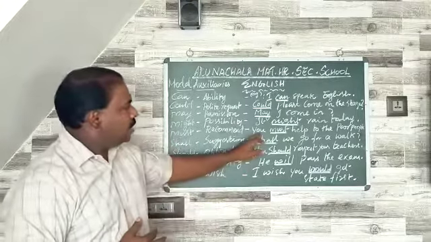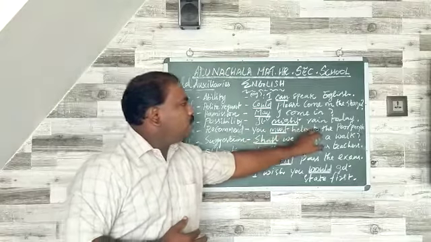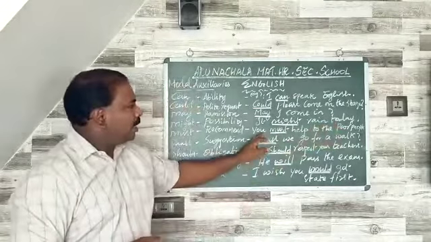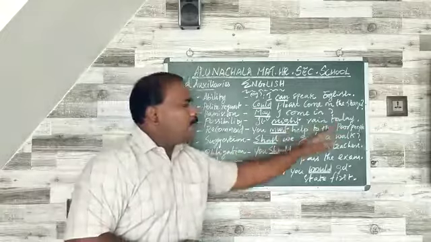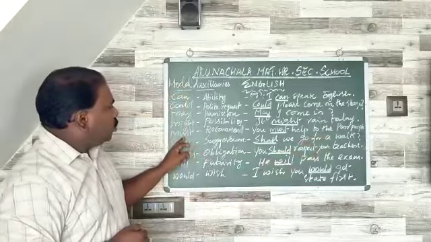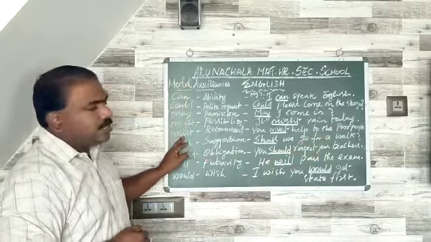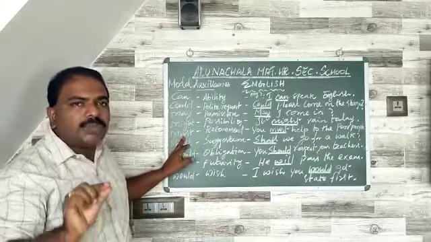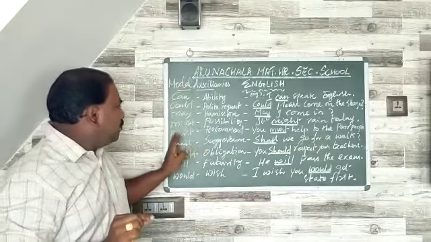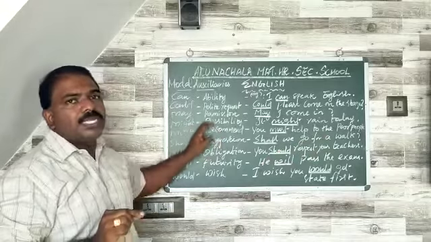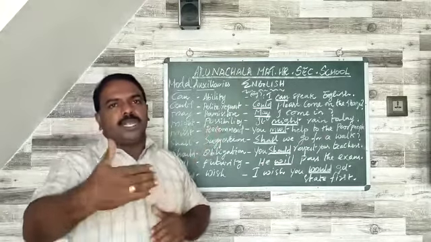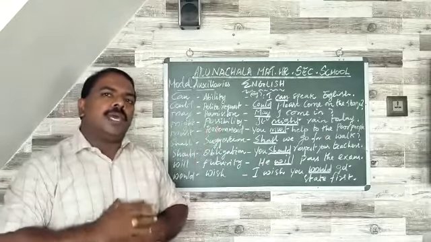For that the example is, you must help the poor people. For that we have to use the modal auxiliary must. We should first understand what meaning the word tells. That meaning is very important, later we can go on to complete the apt answers.